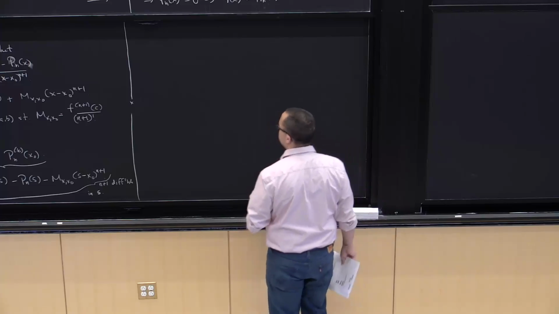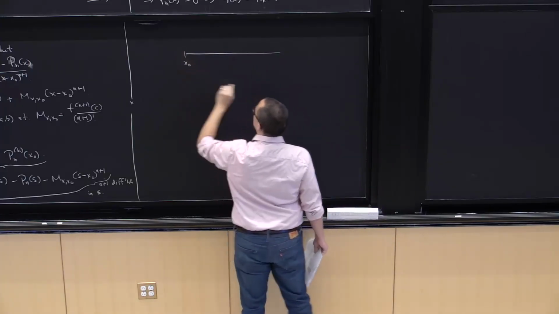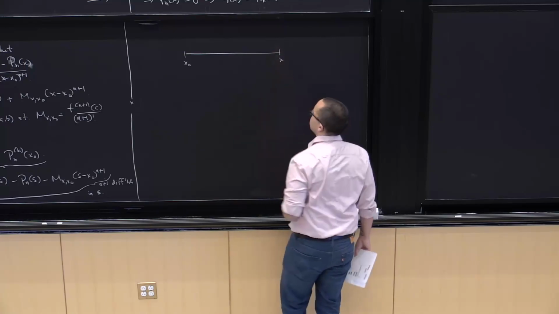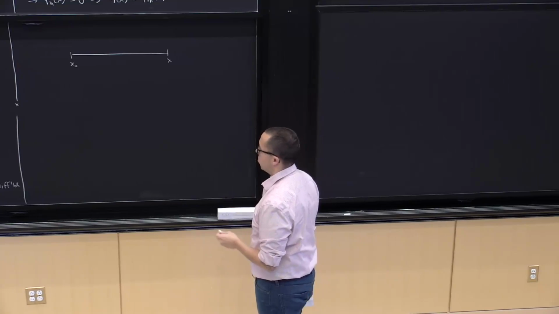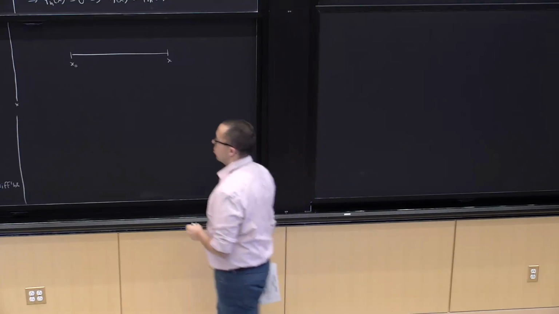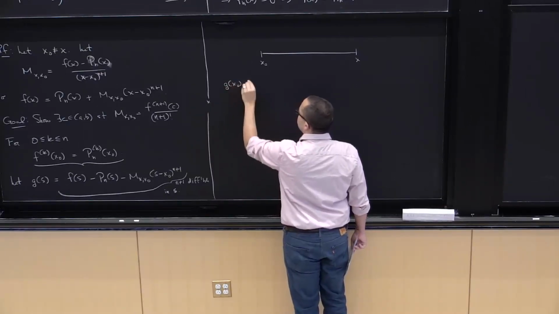So let me draw a picture. So we have x0 and x. At least in the picture, x is bigger than x0, but that doesn't really matter. So what do we know about g of x0?